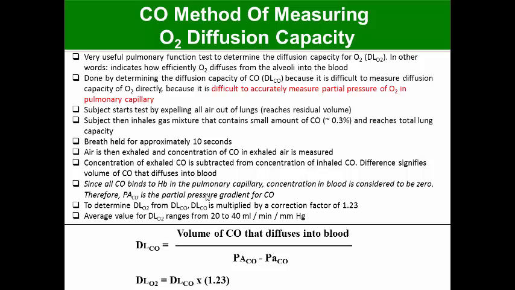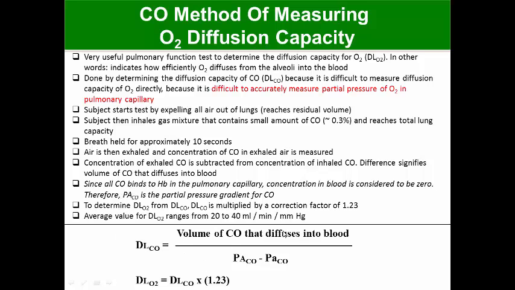The gradient which moves carbon monoxide is the partial pressure in the alveoli minus the partial pressure in the blood. But the partial pressure of carbon monoxide in the blood is negligible, so the gradient is the same as the partial pressure of carbon monoxide in the alveoli.